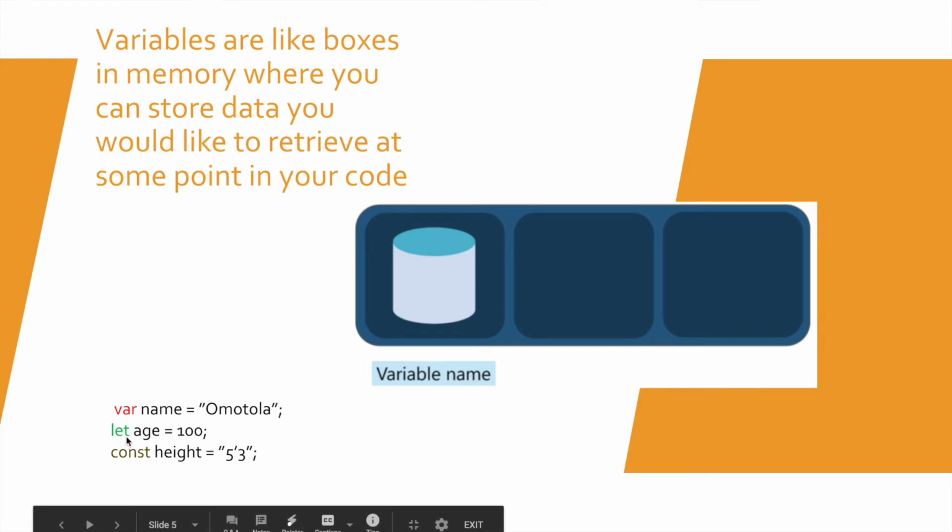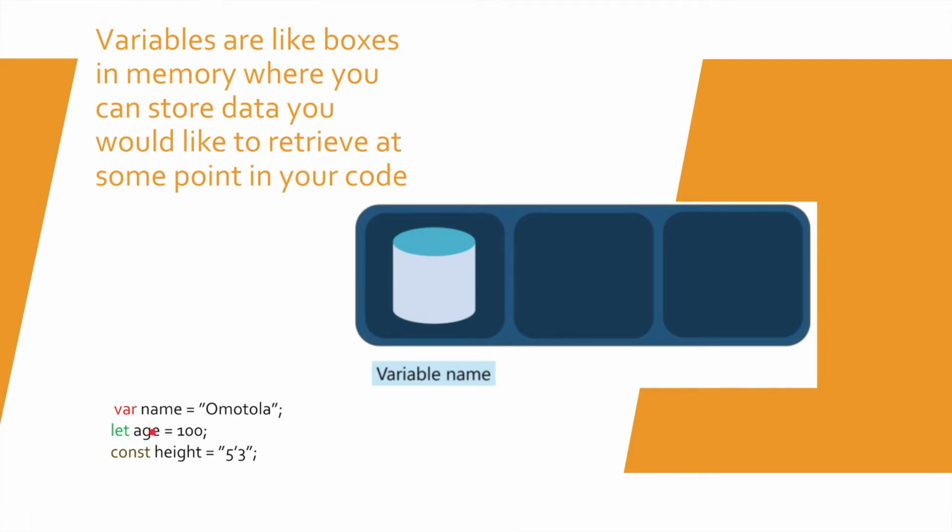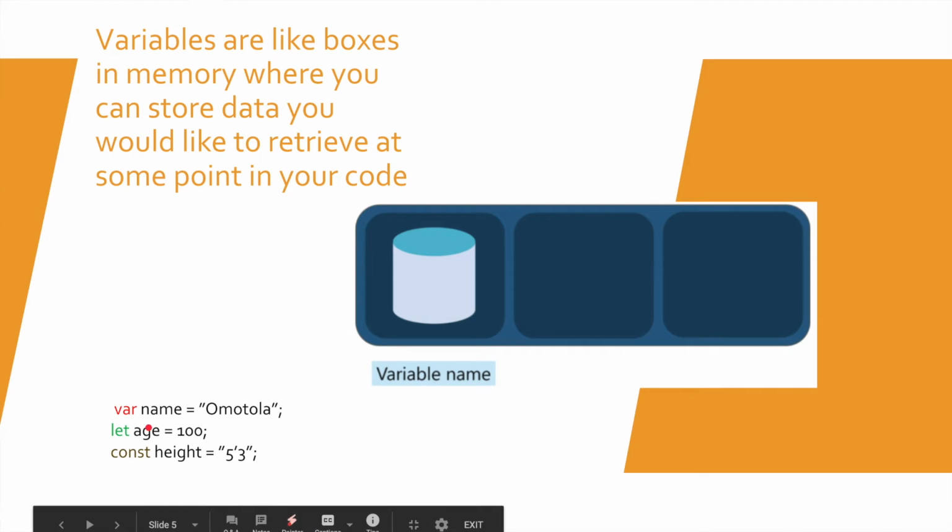And then we have another keyword for declaring variables called let. By using let, we can name our variable another thing, age in this case, or number, whatever we want to name it. And then we assign the value 100 by saying equals 100. That 100 is an integer, and so the type of variable here automatically becomes an integer.